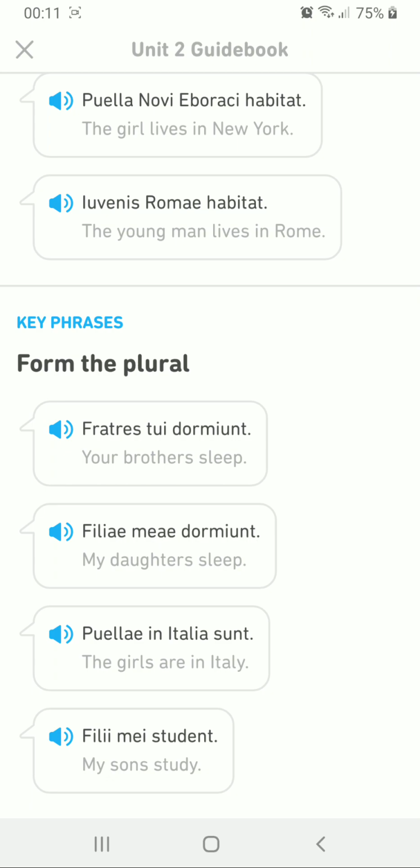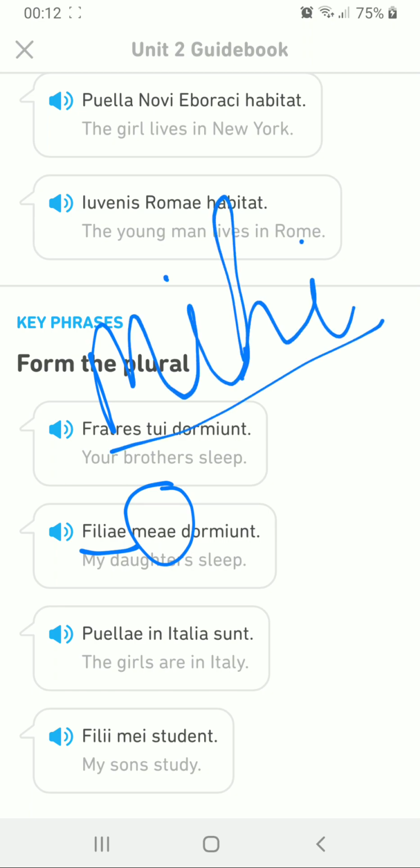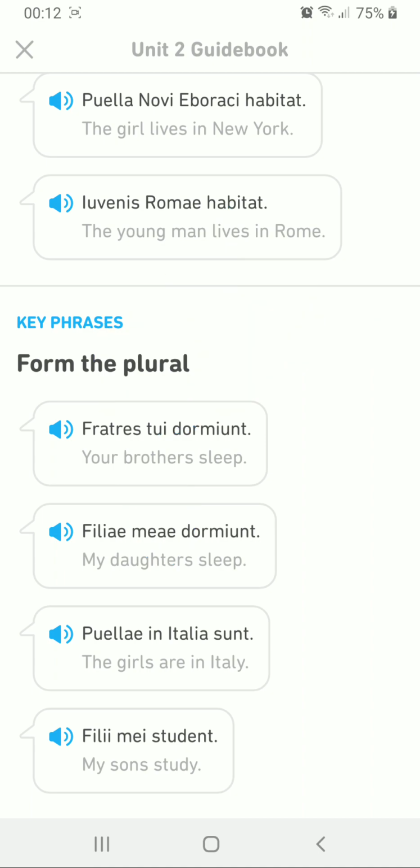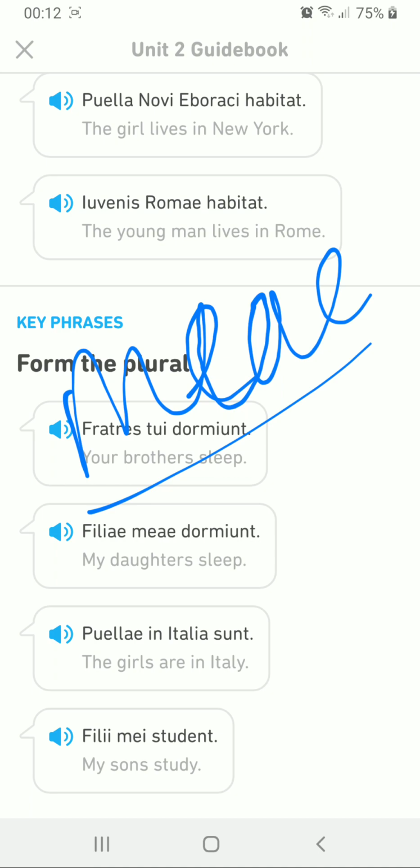Filiae meae dormiunt. So here also we have mine, in feminine plural. We have seen mihi, mihi nomen, for example, my name. But now it becomes meae.